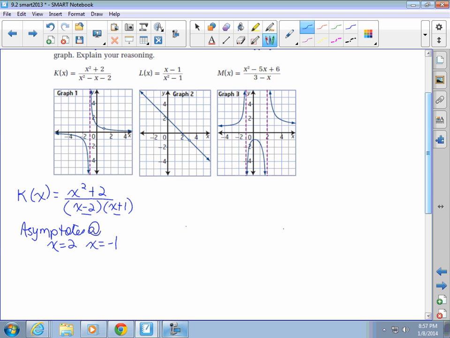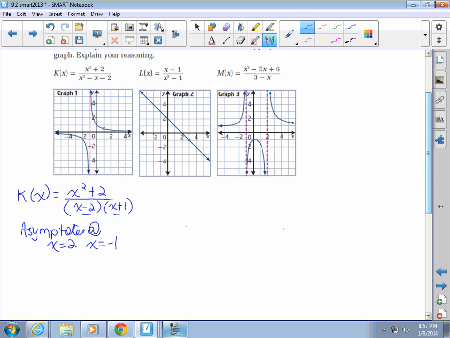So x minus 2 equals 0, x equals 2, and then x plus 1 is equal to 0, so x is equal to negative 1. Because nothing canceled out, I don't have a point of discontinuity. So that means I'm going to have graphs where I'll have two asymptotes and no open dots on there.